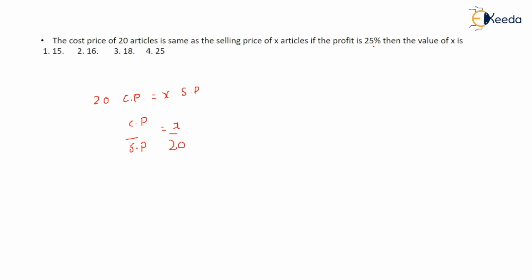So how can you find the profit? 20 minus X upon X, right? And this is given to you, this is 25%, means 1 by 4. So you can simply solve this.